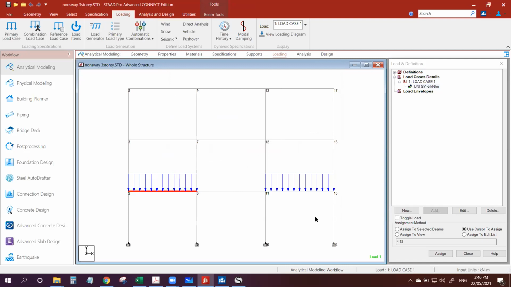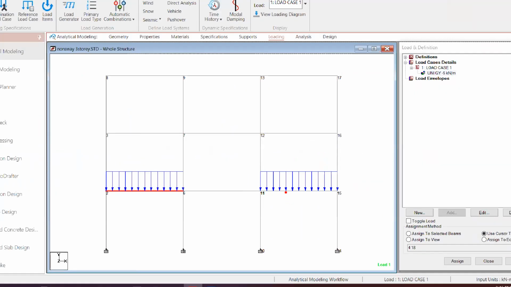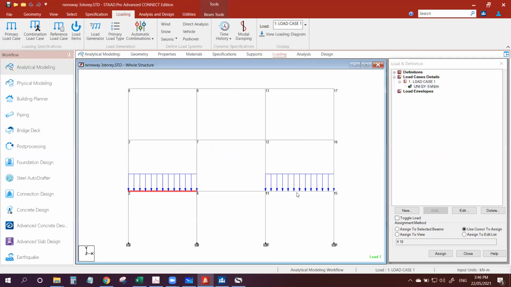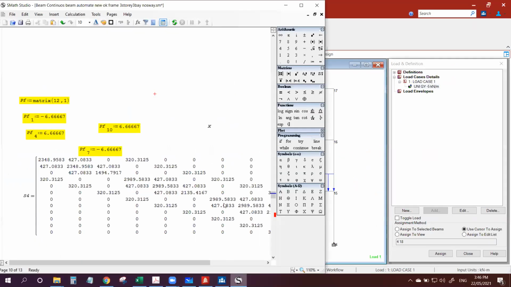So if you apply the fixed-end forces here, WL squared over 12, right? So substitute 5 here. 5 times 4 squared over 12, you will get 6.667. Okay? 6.667 kilonewton meter. That's why my fixed-end force here is this, 6.667.